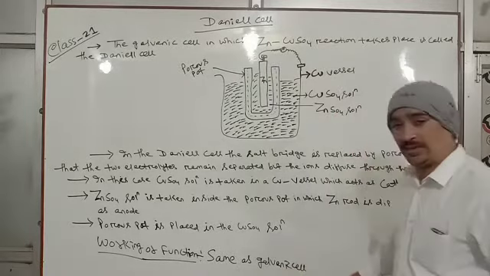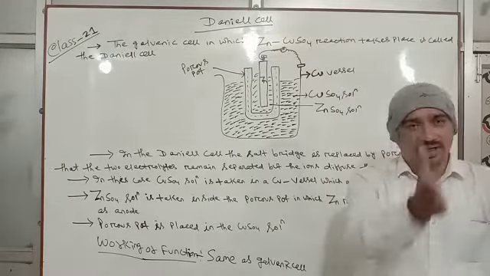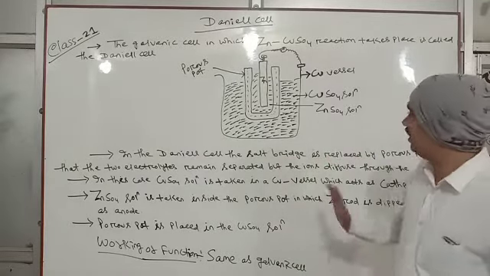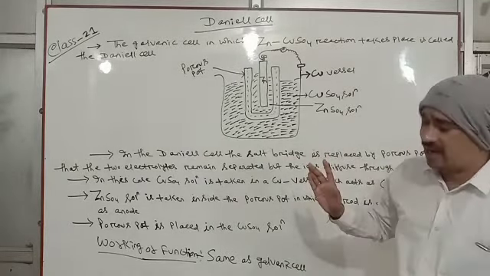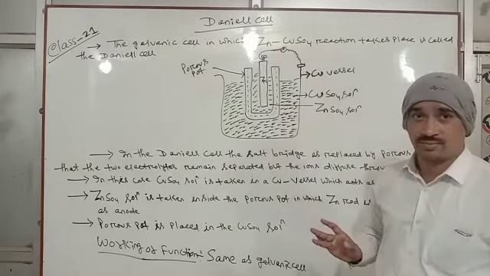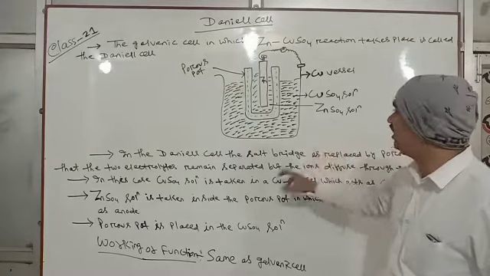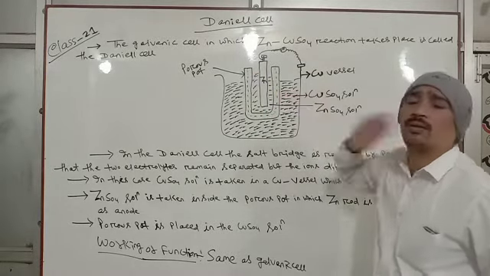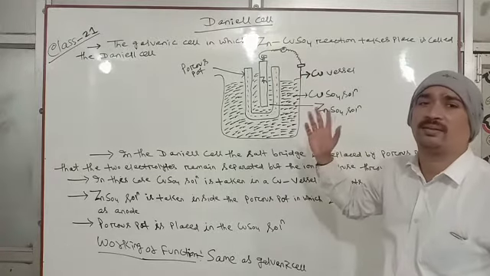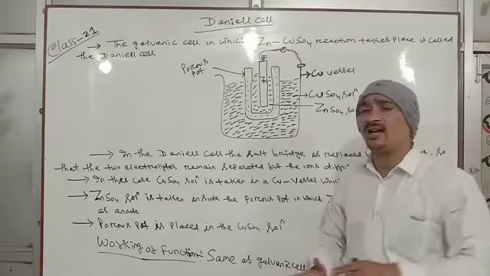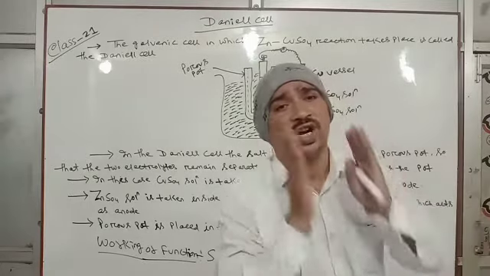Actually, same as the galvanic cell, whatever we have already discussed for the galvanic cell will be written. This is the Daniell cell, and you will draw the Daniell cell also, for 3 marks. Here the difference is that instead of a salt bridge we are using a porous pot. That is the biggest difference: in the Daniell cell we use a porous pot, in the galvanic cell we use a salt bridge.